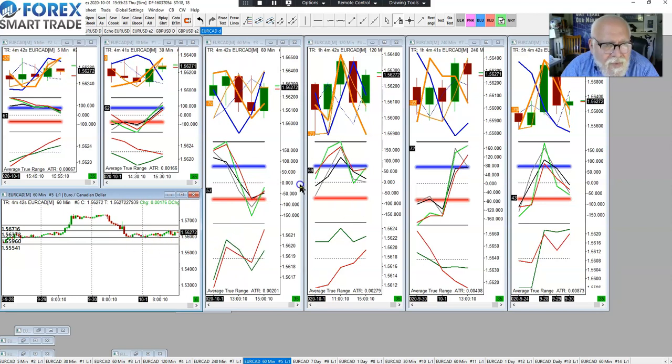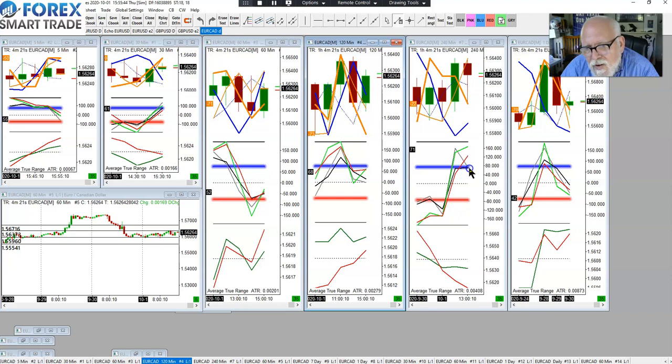On the 2 hour, the majors are just starting to cross. I've got soft up pressure here with basically retracement. I'm starting to get the beginning of the duckbill here. We're overbought. The minors have started to turn, but the majors are giving the duckbill, so this is kind of a fake out.